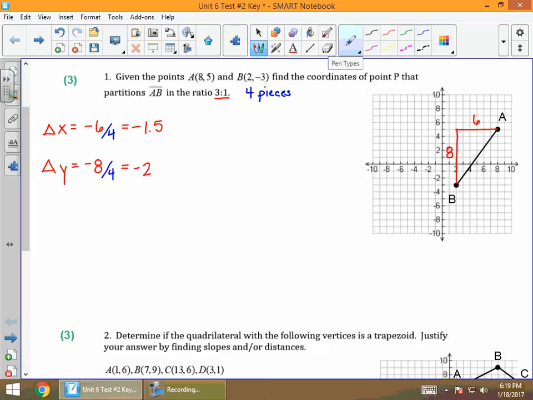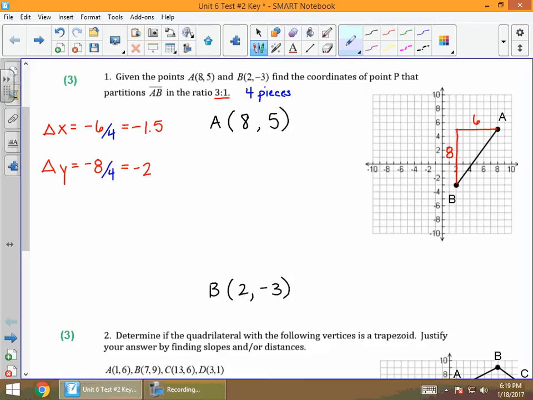So again, I started at point A. When I did my change in x and change in y, I went from point A to point B. So I'm going to list point A first. It is the point 8, 5. And I'm going to add some points in between until I get down here to point B, which will be down at the bottom, and it is the point 2, negative 3.